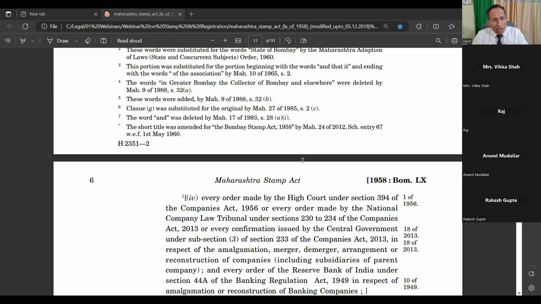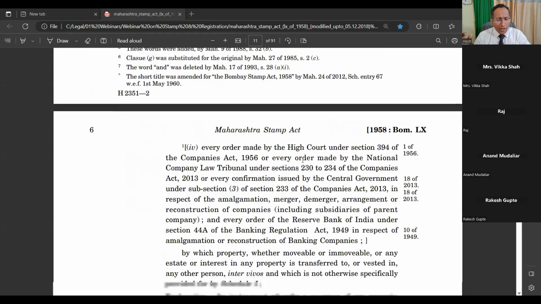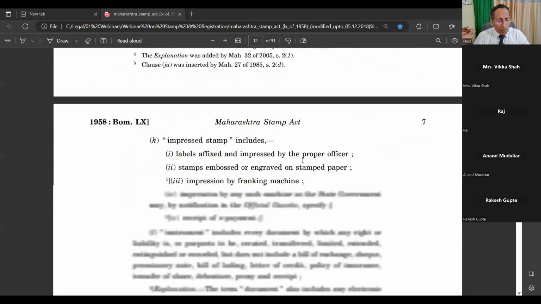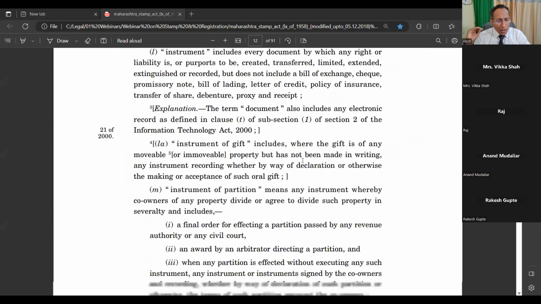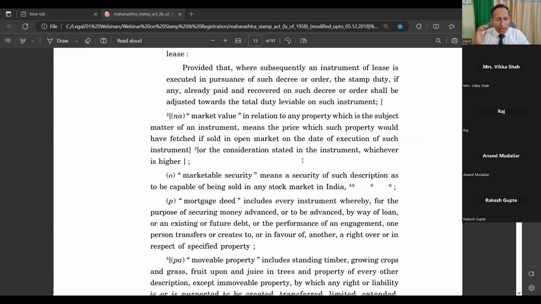The document by order, when it is passed under section 233 of the new Companies Act, will attract stamp duty also. So many definitions are given over here: what is instrument, executed, immovable property, lease. You go through those definitions.